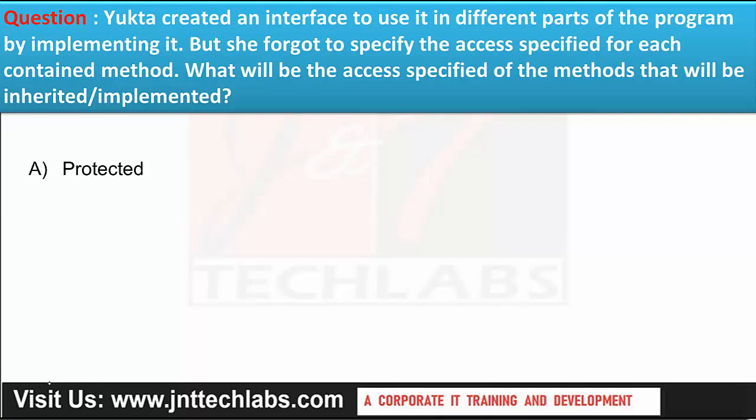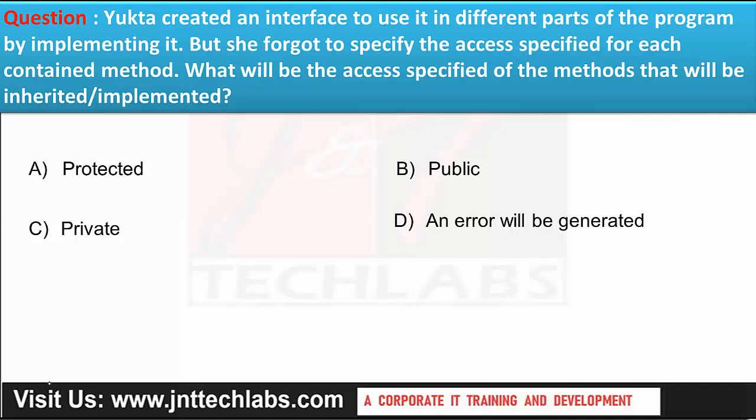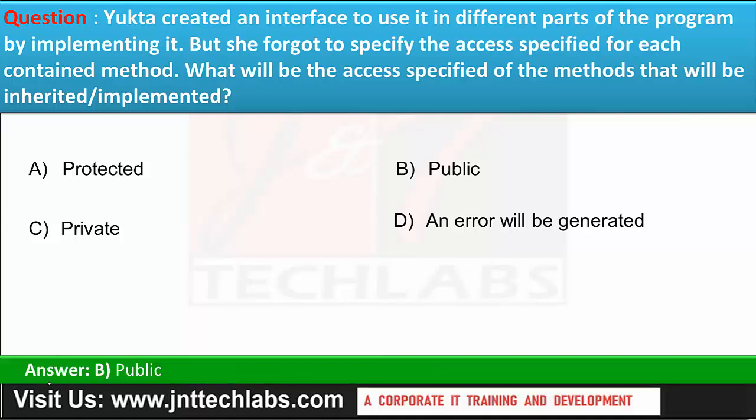And here the options are protected, public, private, and an error will be given. So public. What is the condition here? In an interface, all variables which are declared will be public and final. All variables which we declare in an interface will be final.